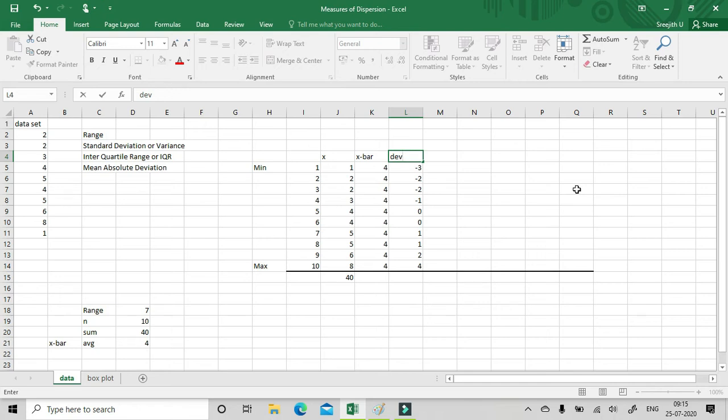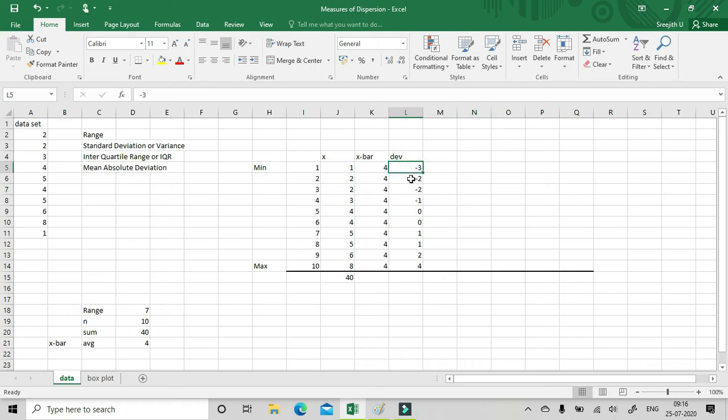Let's call it DEV, deviation from the mean. Okay, now why are we not simply summing this up and then dividing it by the number of observations to find the average deviation? Let's understand why we can't simply do that. So let's attempt it.